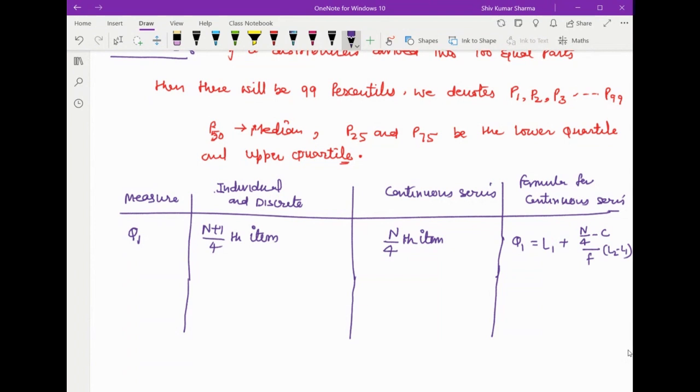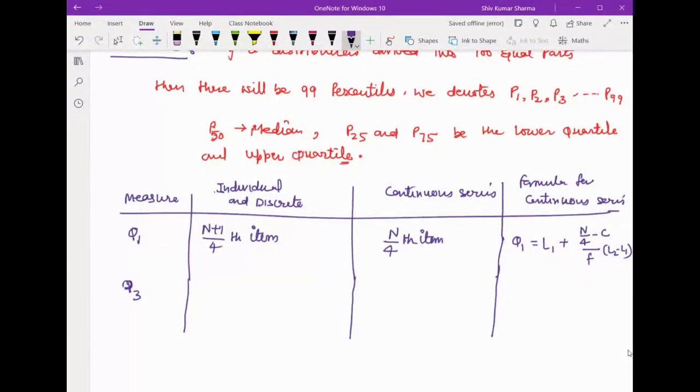When we calculate the median, we have the formula n by 2, but in the case of quartile 1, we divide by 4: n by 4 minus c over f into L2 minus L1. Quartile 2 means the median, so we have the median formula.